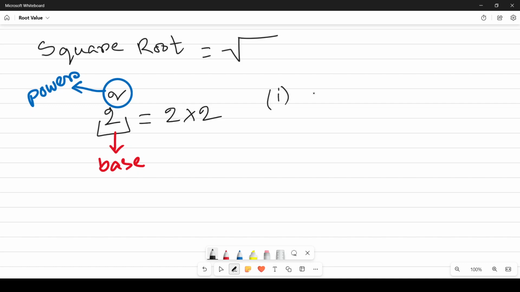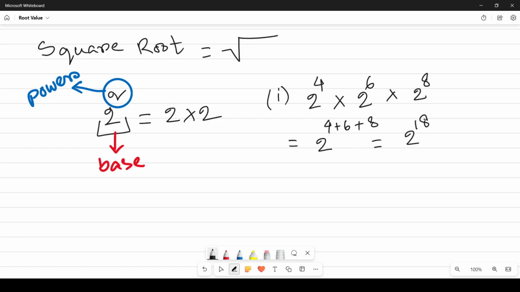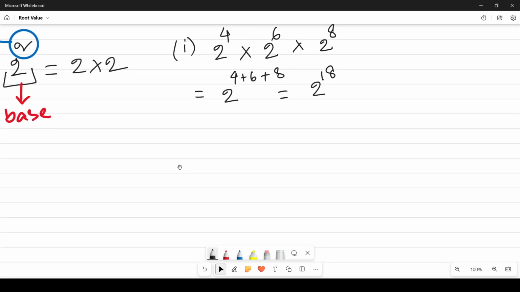Say you have 2 to the power 4 multiplied by 2 to the power 6 multiplied by 2 to the power 8. The bases are all number 2, and the powers are different. In such a case, you can add all the powers up, 4 plus 6 plus 8, and write it as 2 to the power 18. This is the first law of indices.